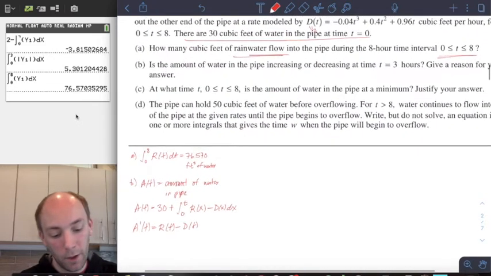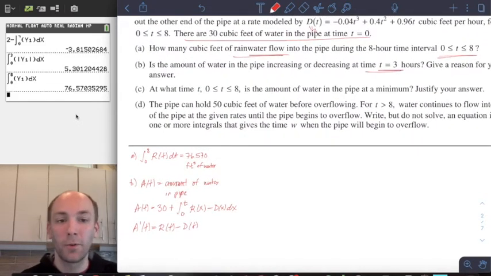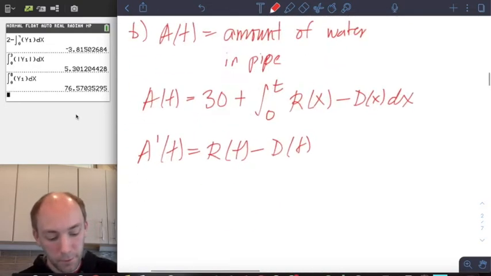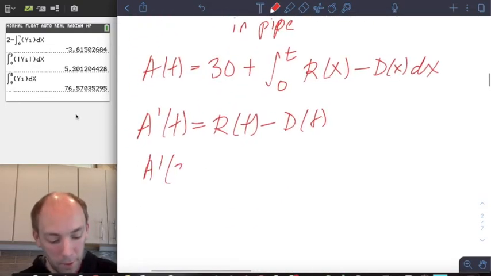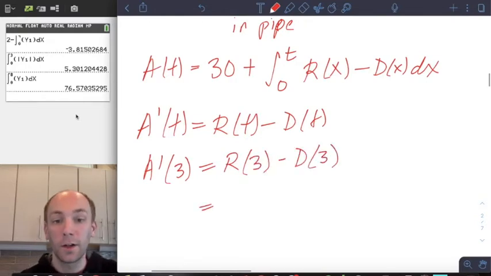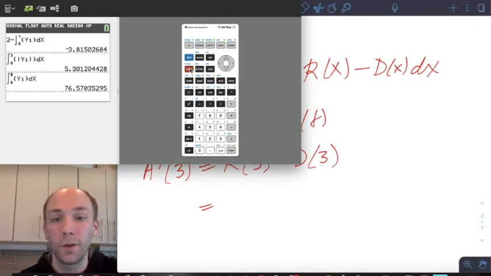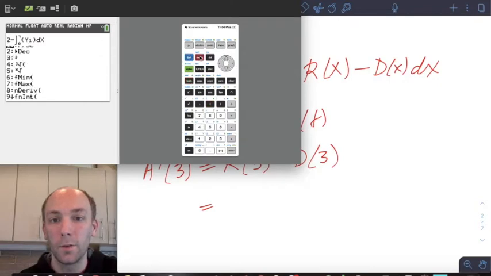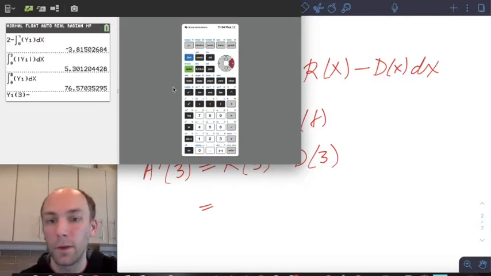All right, so then it wants to know at time t equals 3. So A prime of 3 is equal to r of 3 minus d of 3. So on our calculator, we're going to take y1 of 3 minus y2, whoops, getting ahead of myself, y2 of 3.